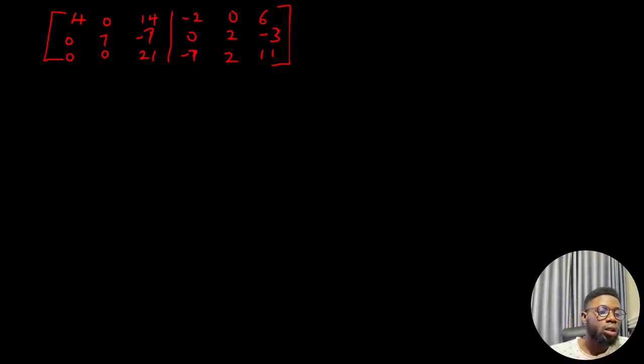So the rigidity of this 0 is what we need to first of all consider before we can perform any elementary row operation. Don't forget, we're turning 14 to 0, we're turning -7 to 0 as well.